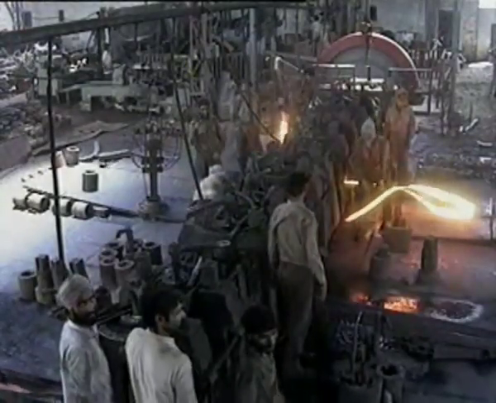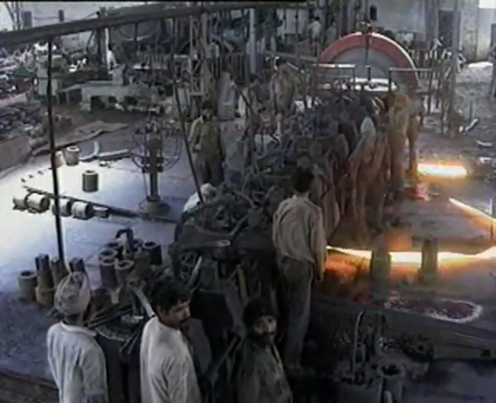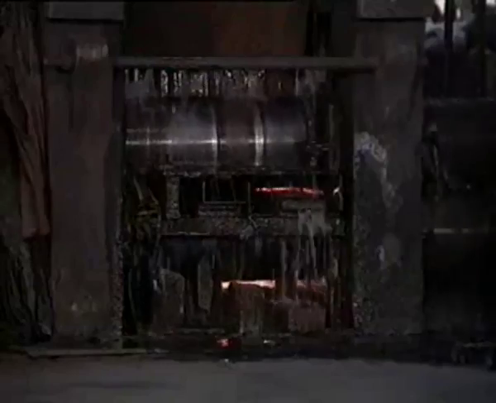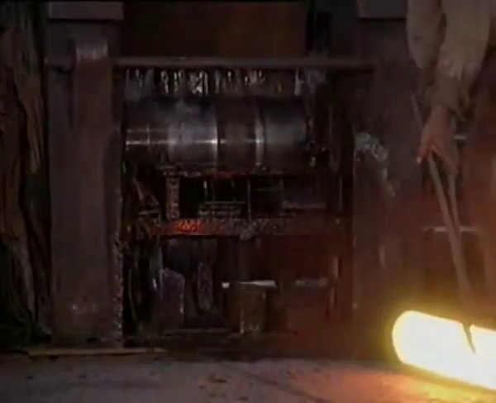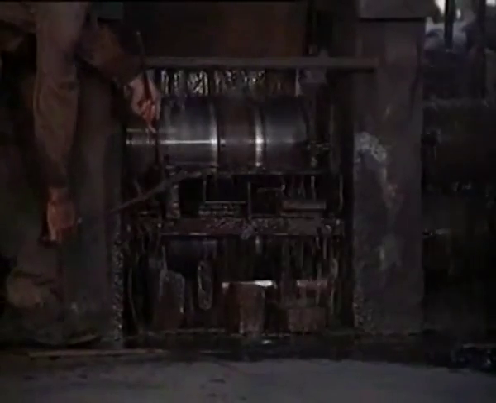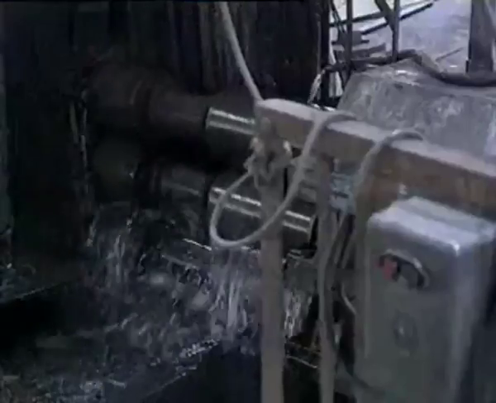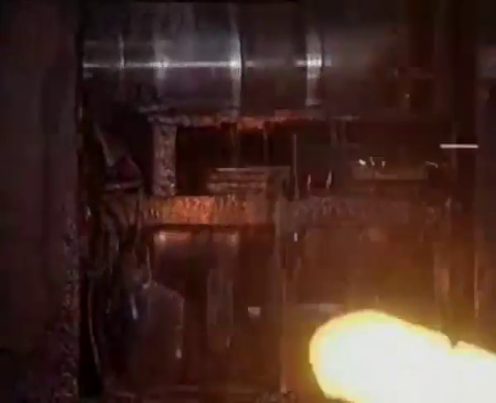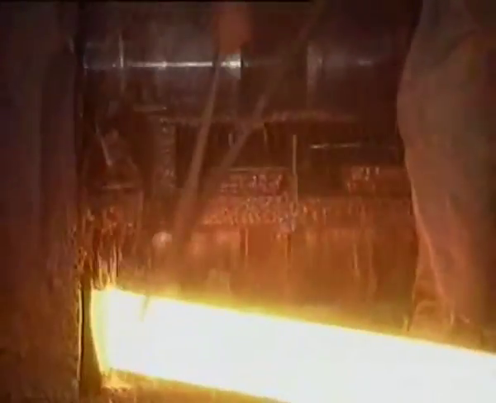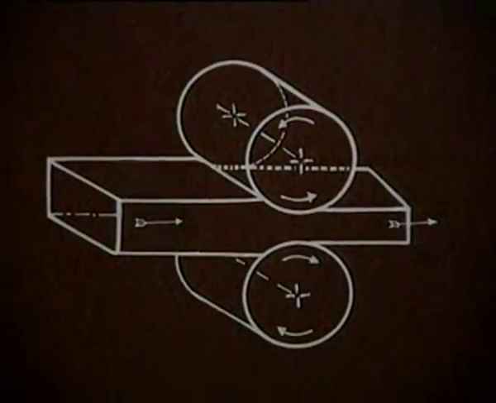Rolling is the process of producing different components by plastic deformation of work material by passing it between rotating rolls. The process is called longitudinal rolling if the forming rolls are rotating in opposite directions and the flow of work material is along the length of the job and perpendicular to the central line of the rolls.